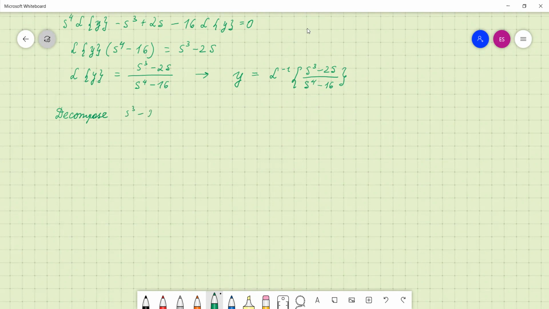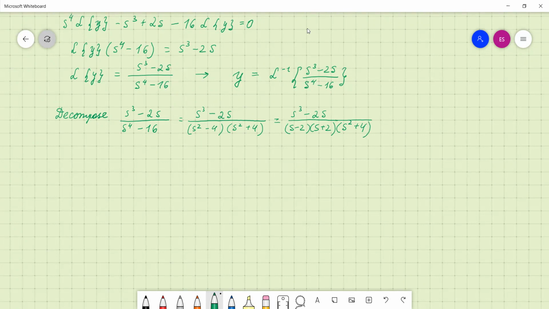S cubed minus 2s over s to the power of 4 minus 16. Well, I'm going to start decomposition by decomposing the denominator into simple factors. So I have s squared minus 4, s squared plus 4. I cannot decompose this one, but I still can decompose the subtraction of 4, right? So it's s minus 2, s plus 2, and here s squared plus 4.